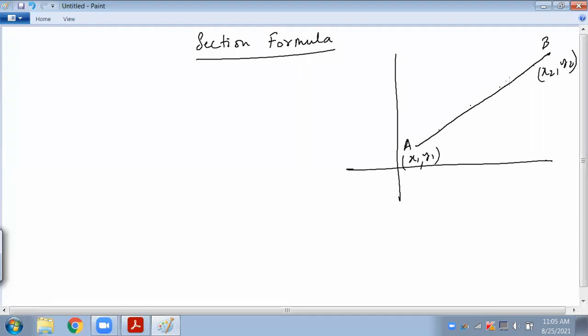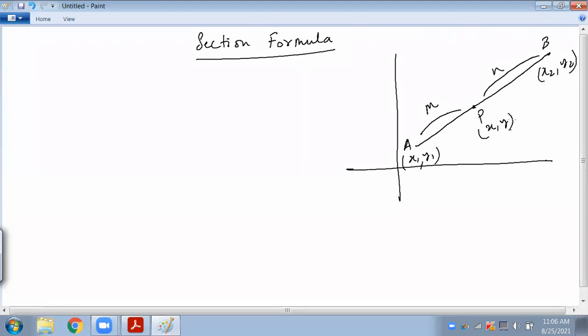And if the line joining these 2 points is divided by another point, say P, and say the coordinate of P is x comma y, and say P divides the line joining A and B in the ratio of M is to N. That means this part is M, this part is N. So the point P is dividing AB in the ratio of M is to N.